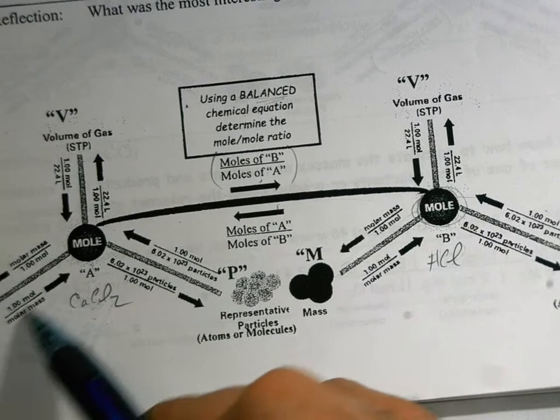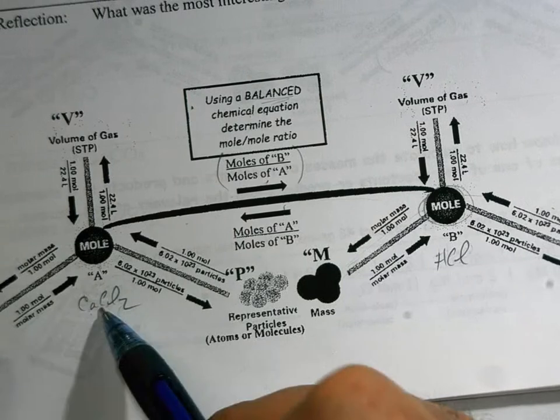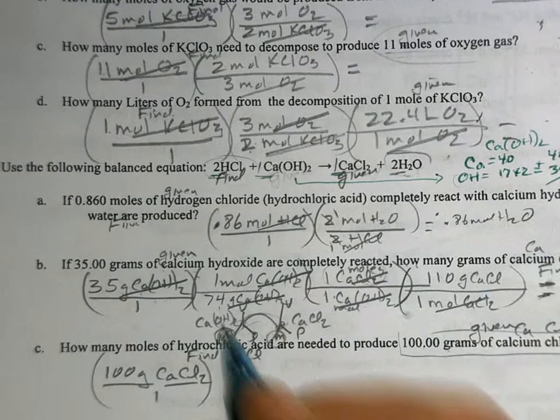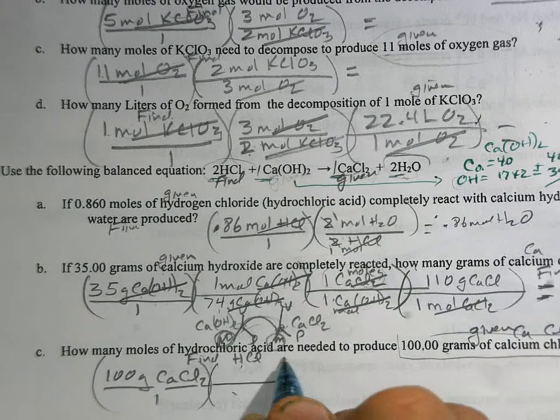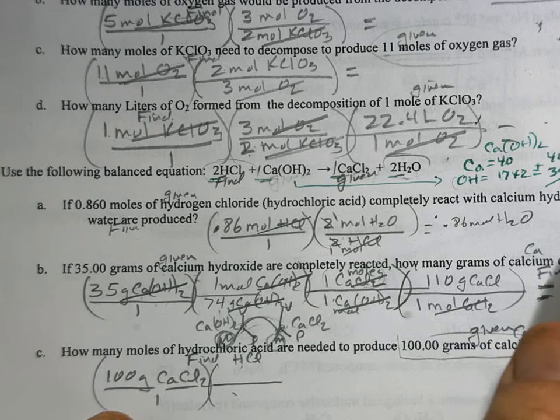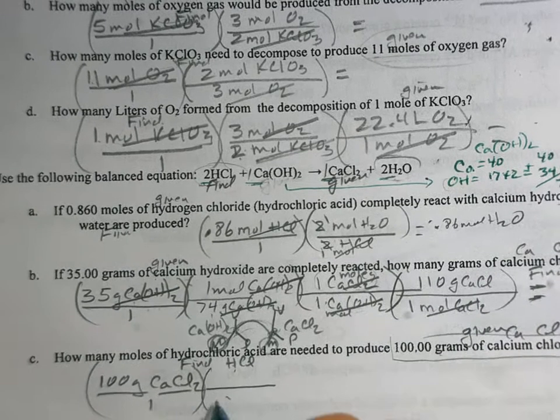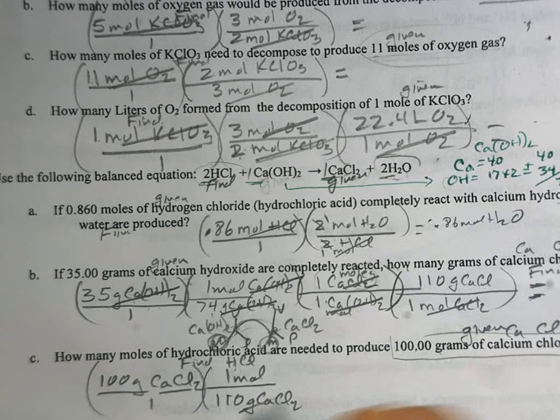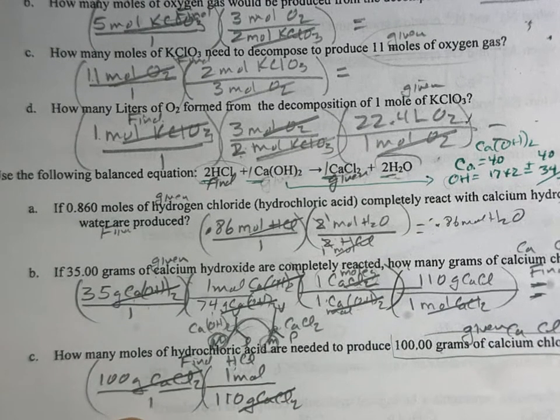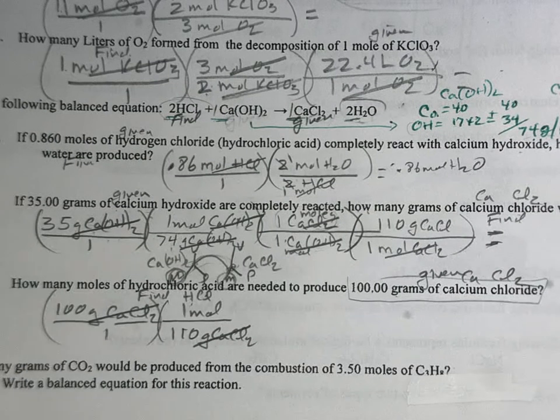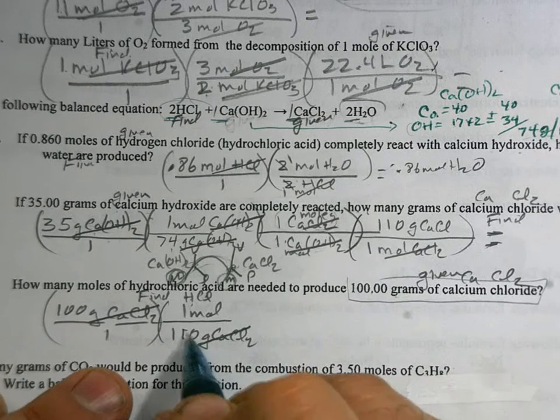According to our arrow now, we need to divide by the molar mass of calcium chloride, which means you need to put its mass on the bottom. And earlier from a previous problem, we figured out that calcium chloride is 110 grams of calcium chloride in 1 mole. And if you can cancel there, you have successfully converted to moles.